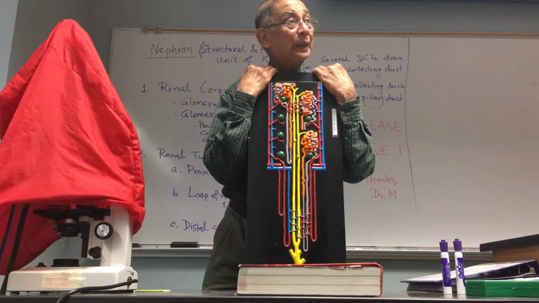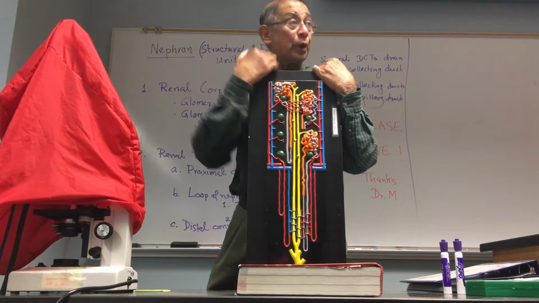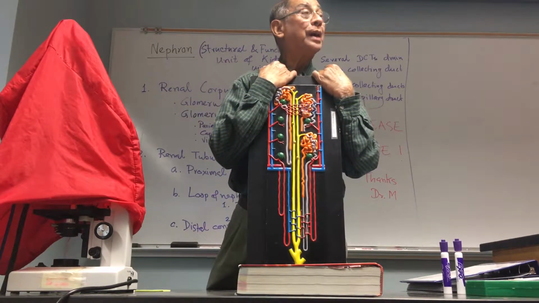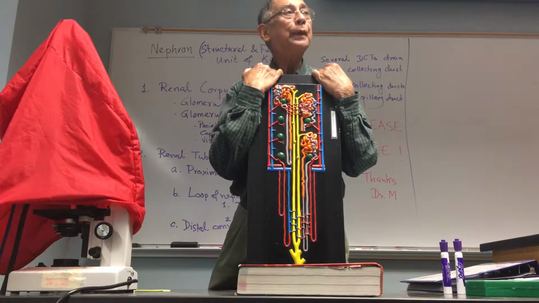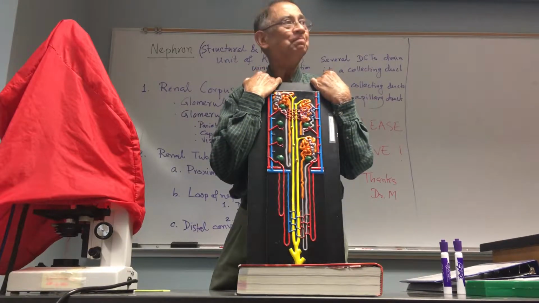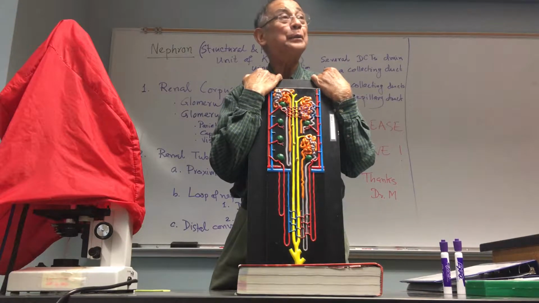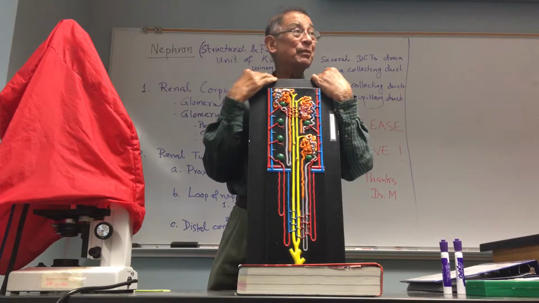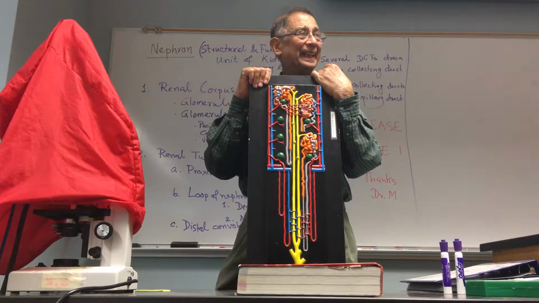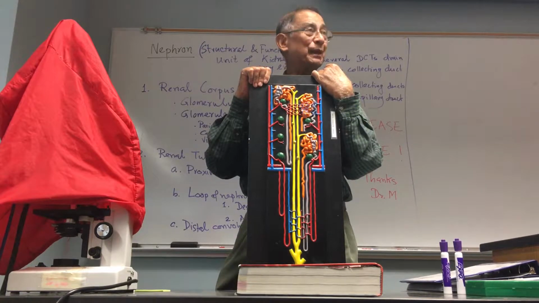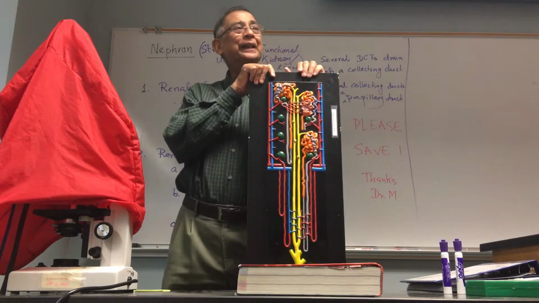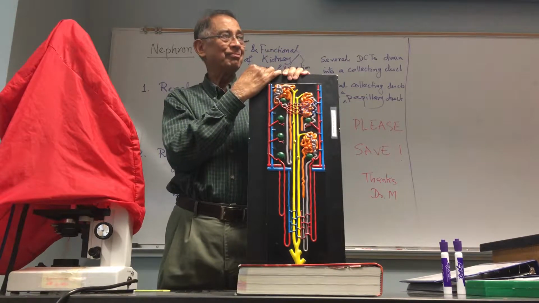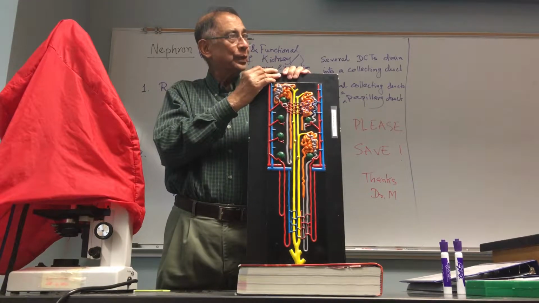Over 24 hours, it will be 180 liters of filtrate, which is enough to fill a 50-gallon barrel. But of that, only 1% is excreted as urine. So 1% of 180 liters will be 1.8 liters, meaning between 1 and 2 liters would be the daily production of urine in a normal person.